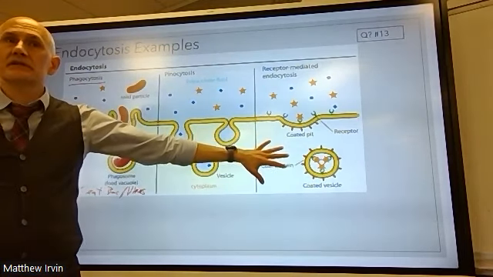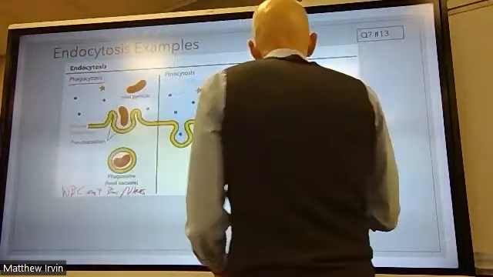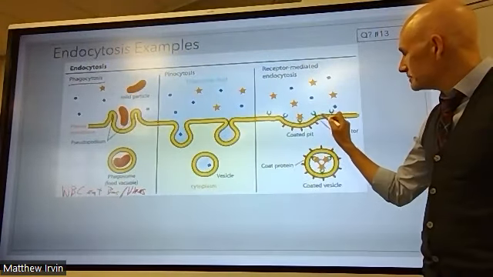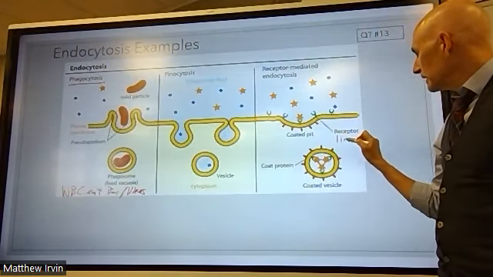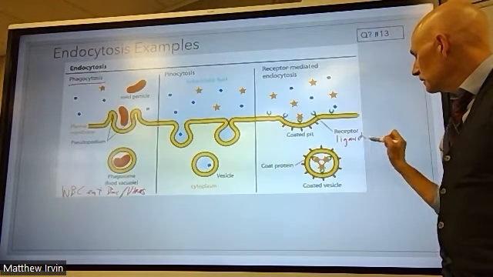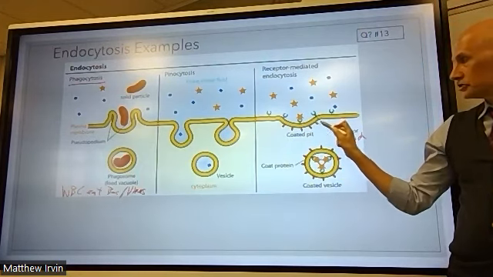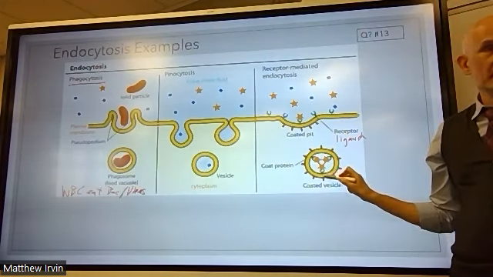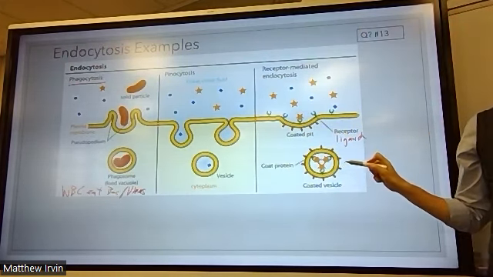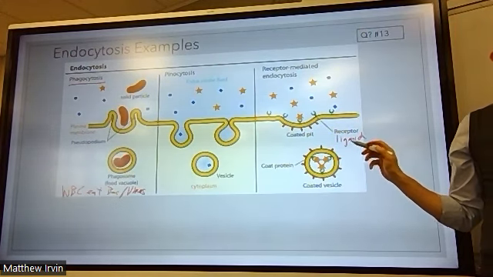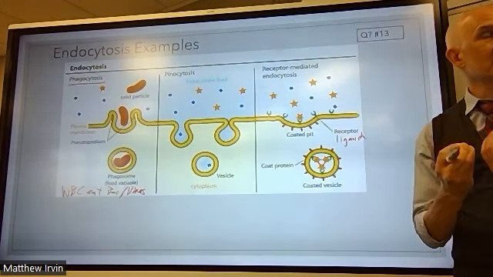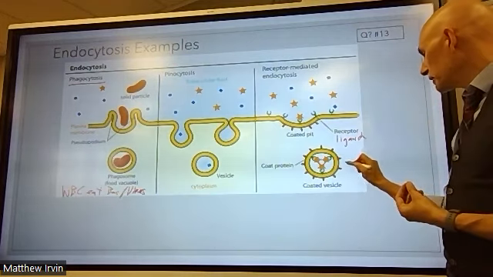Receptor-mediated endocytosis. This is when a cell has receptors. This receptor is called a ligand. And when the correct molecule binds to the ligand, that triggers it to draw it in and form a vesicle. So this is how certain things like cholesterol are removed from the body.